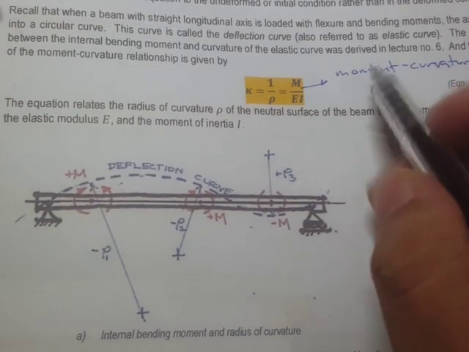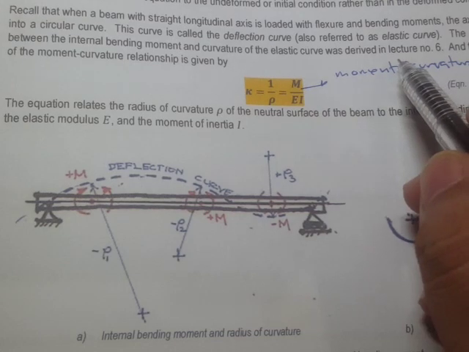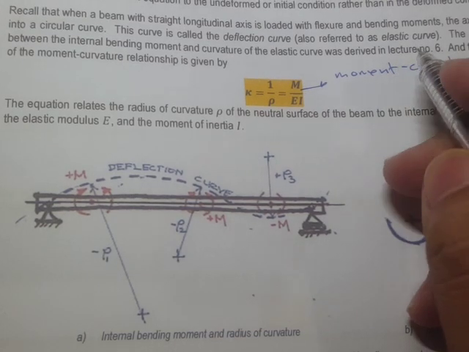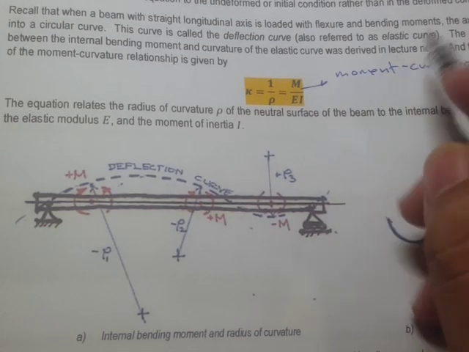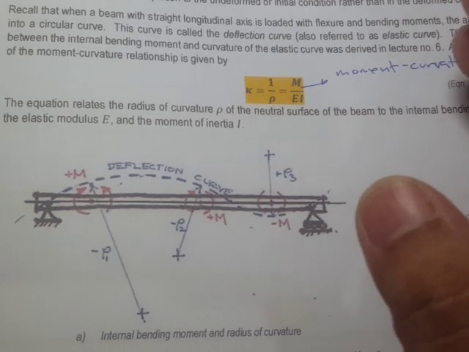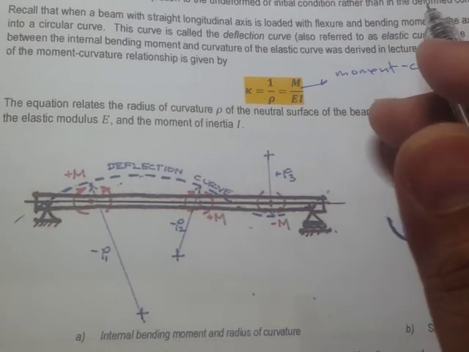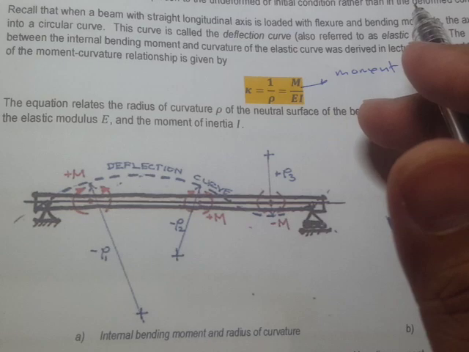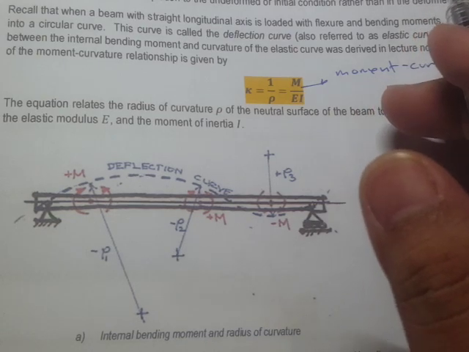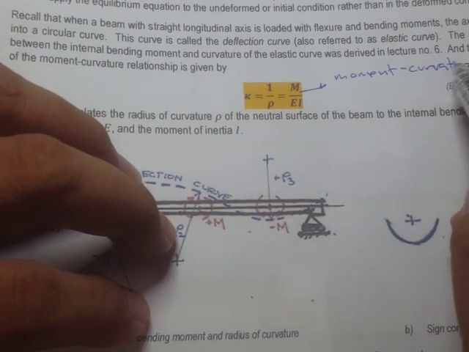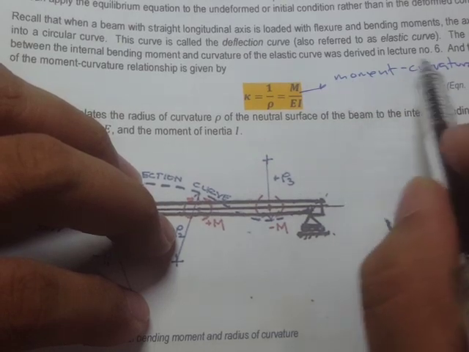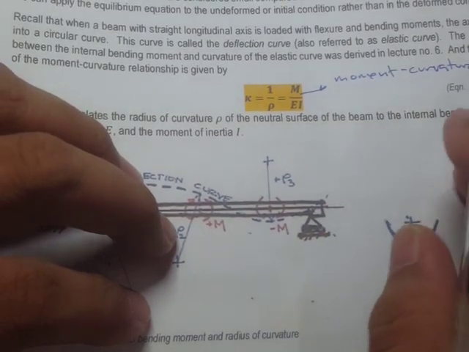This is just the relationship, something like the force-deformation relationship in axial members. But since we're dealing with moments, and the deformation is something like a curve, that's why it's referred to as a moment curvature equation.